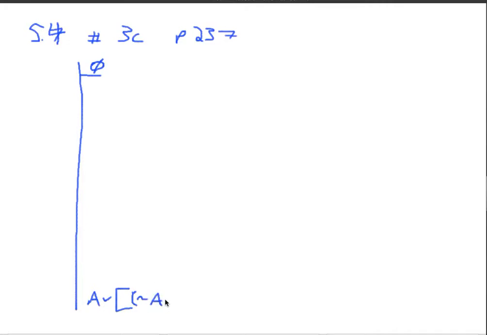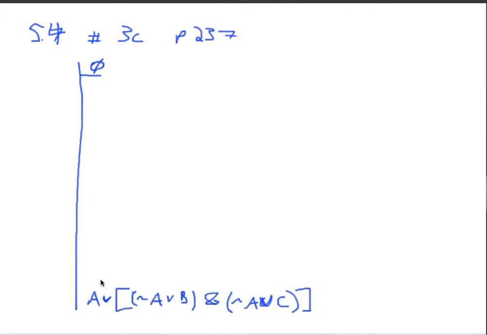So the disjunct is another disjunction, so this is not A or B, and we have on the inside a conjunction, not A or C. Ooh. This should be an or, C. Okay, so this might look relatively intimidating.